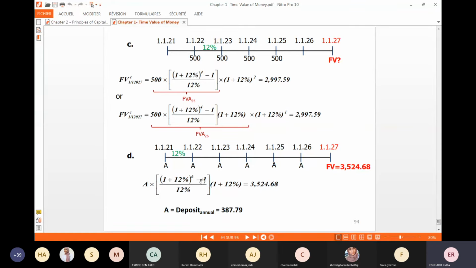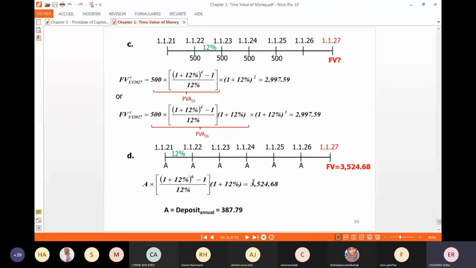Then we need to compound the amount for an additional 1 year, multiplying by 1 plus 12%. Or from the start we say the future value date occurs 1 period after the date of the last deposit. So here we need to use the future value of an annuity due formula, which gives the same result.